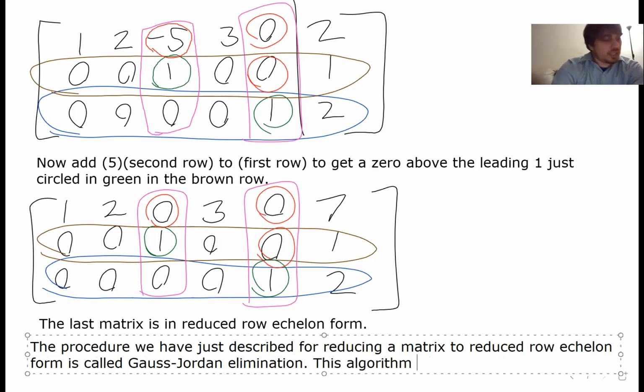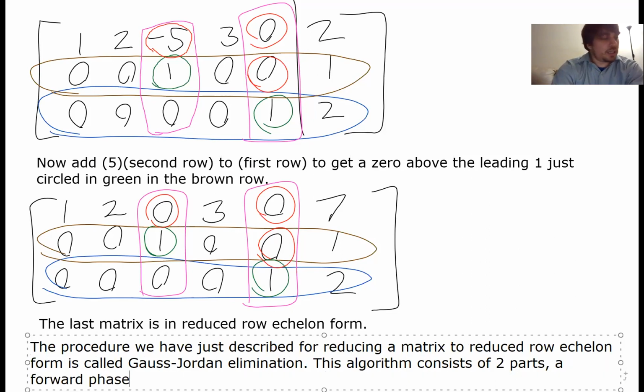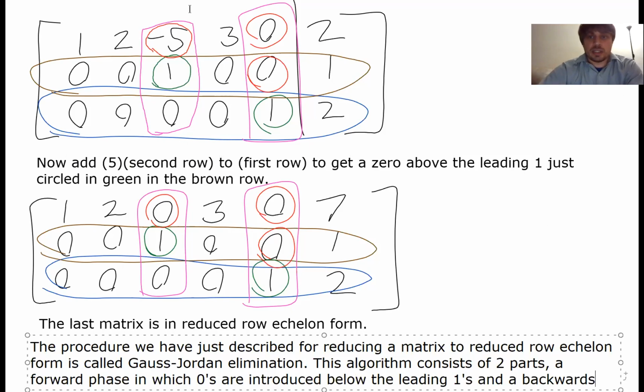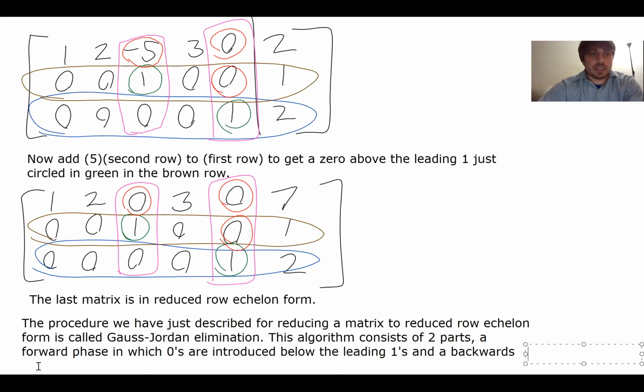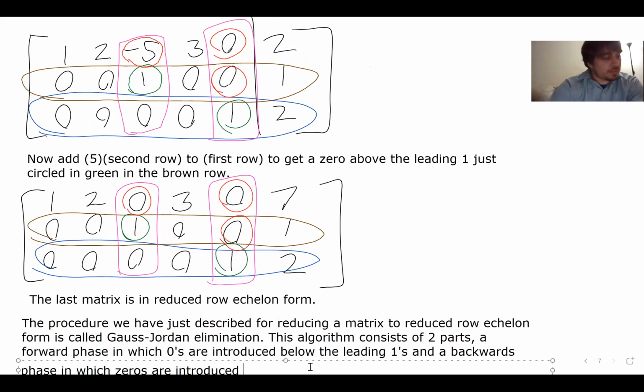This algorithm consists of two parts: a forward phase in which zeros are introduced below the leading ones, and a backwards phase in which zeros are introduced above the leading ones.